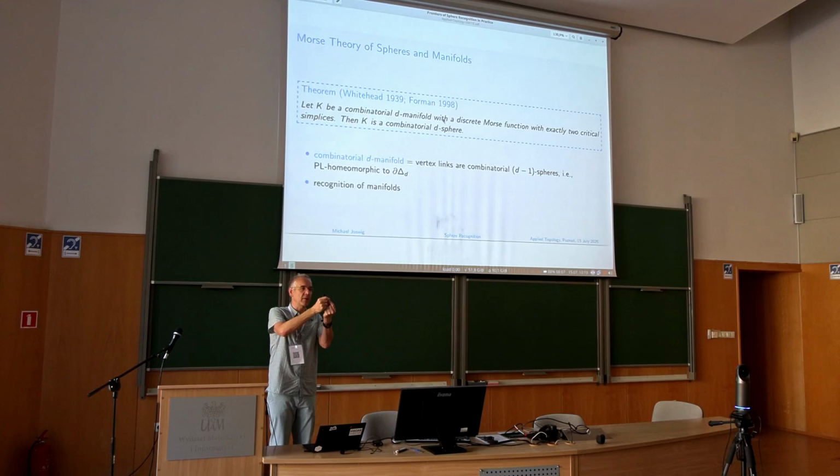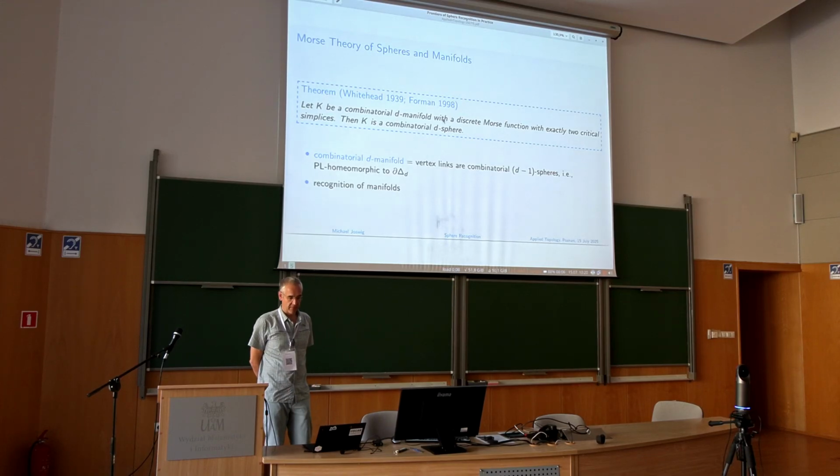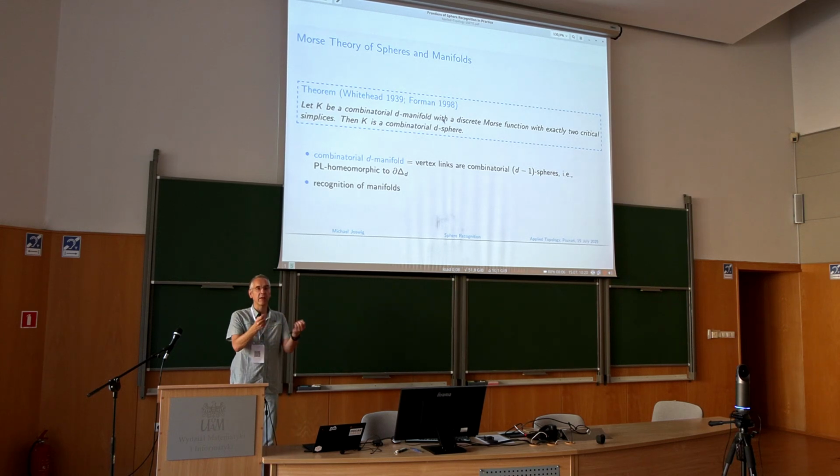Well, then every point must have a neighborhood which looks like a Euclidean space of the appropriate dimension, right? And so combinatorial manifold means you want to see this in the triangulation, which means that the links of vertices are embedded spheres. And equivalently, the stars are embedded balls.